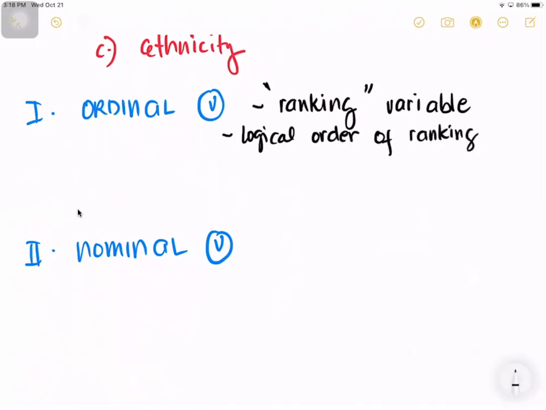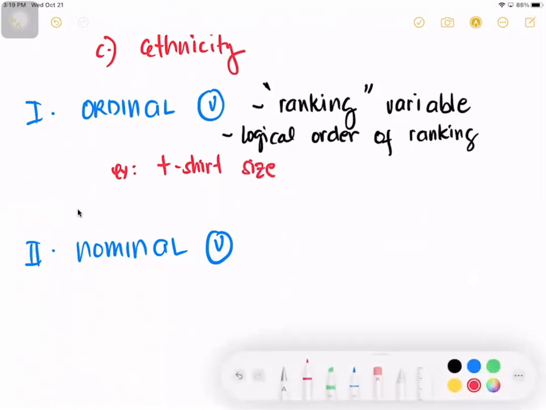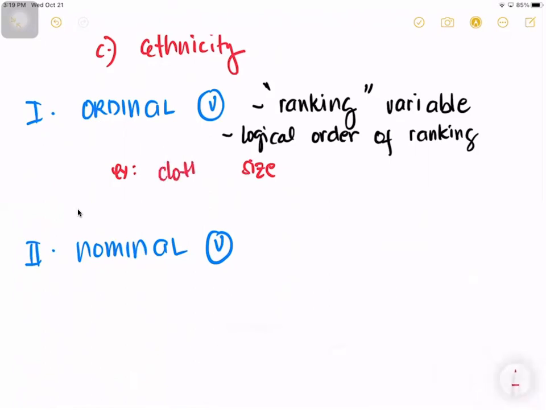Examples there are your clothing sizes, like extra small, small, medium, large, extra large, and so on and so forth. Sorry, not t-shirt, since that is very specific; let's have clothing instead.